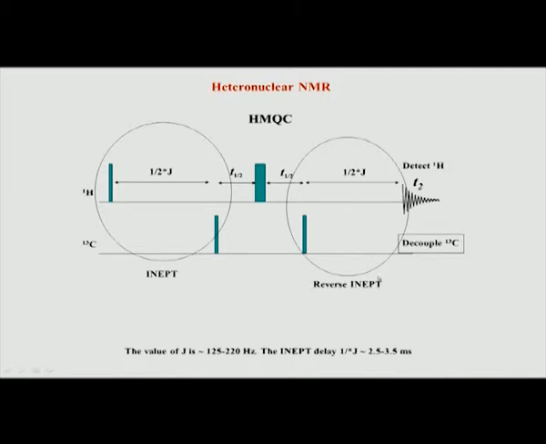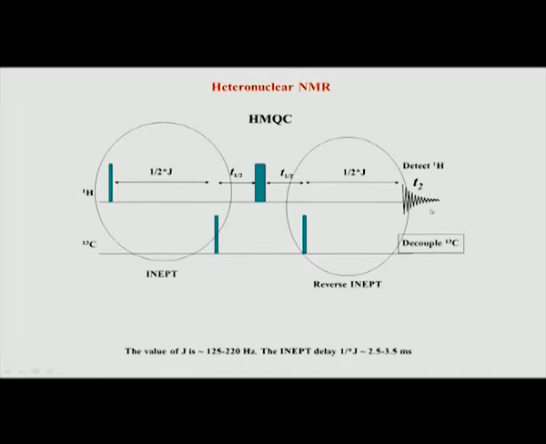So, let us call this the reverse INEPT, and in between is the evolution, where the chemical shift of carbon takes place, and that is what is captured as the FID in the indirect dimension. This is very similar to the way we looked at HSQC: we transfer polarization from hydrogen to carbon, we evolve the carbon, then go back to proton and detect the proton.